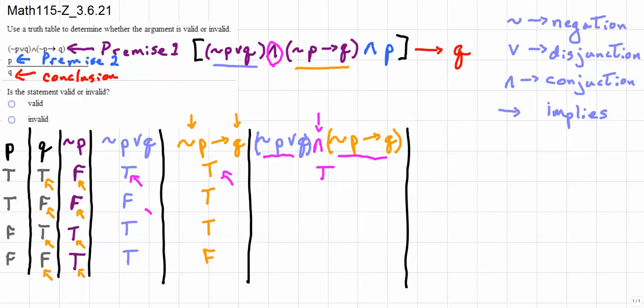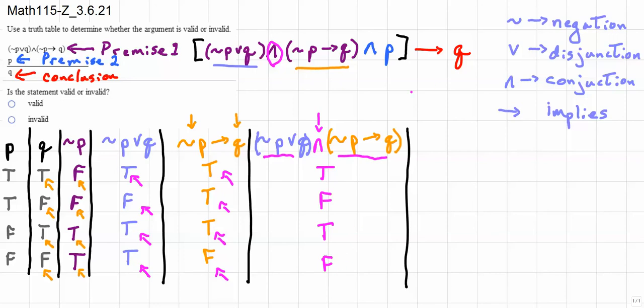We see that the next one is false because not P and Q is false, and this one is true for not P implies Q, so this will be a false statement. Once again, they're both true here, so this will be a true statement. And then right here, one is true and one is false, so this will be a false statement.